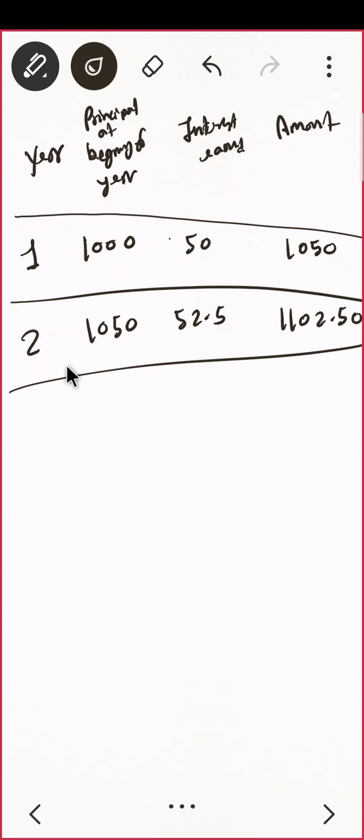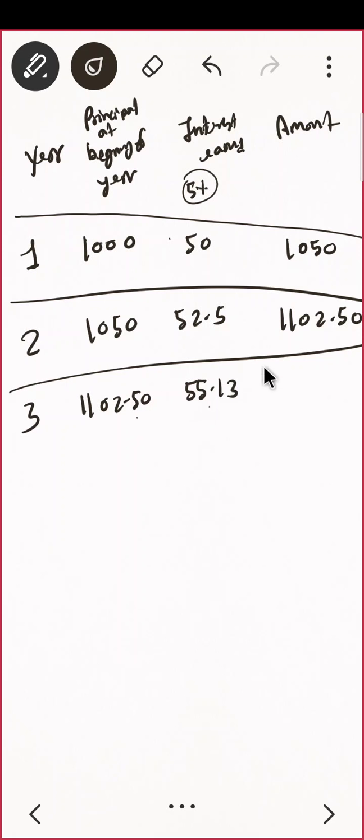So in the third year, what I will be having? In the third year, this will be my new amount, that is 1102.50, and again the 5% interest. It will be calculated on this amount. So it will be 55.13.